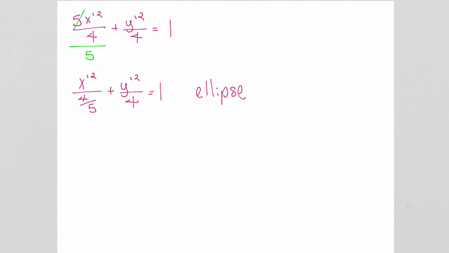The bigger number is under the y. So a squared is 4. And since it's under the y, then that means our major axis is vertical.